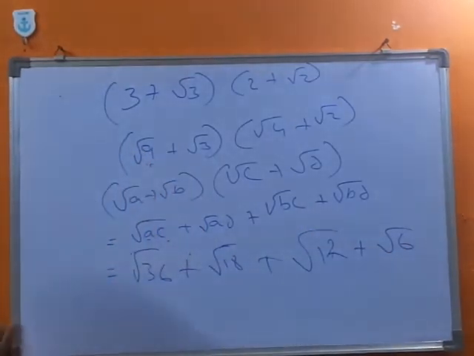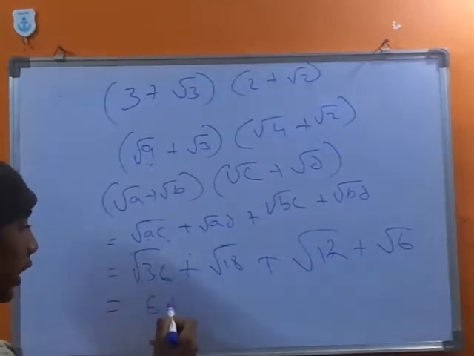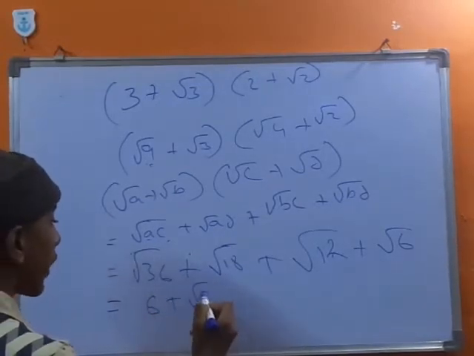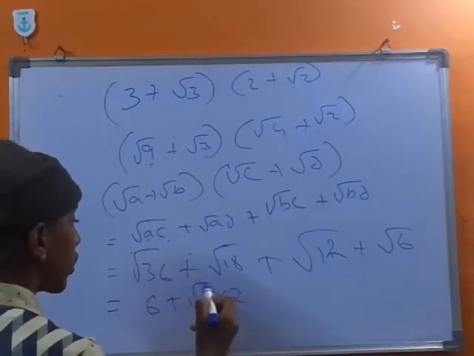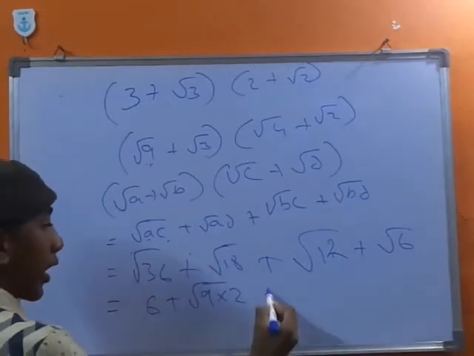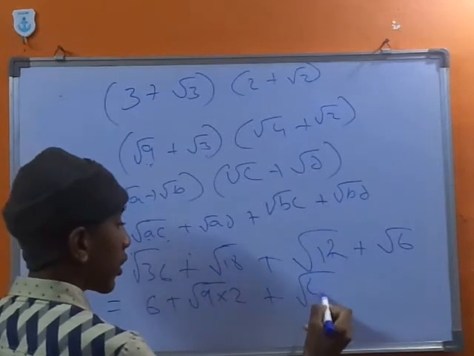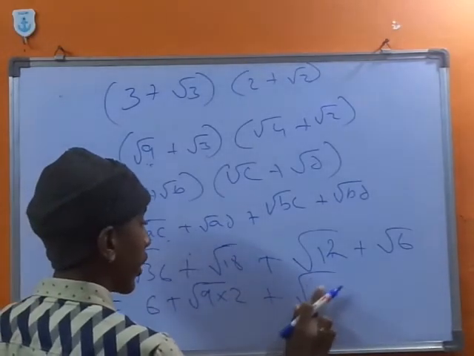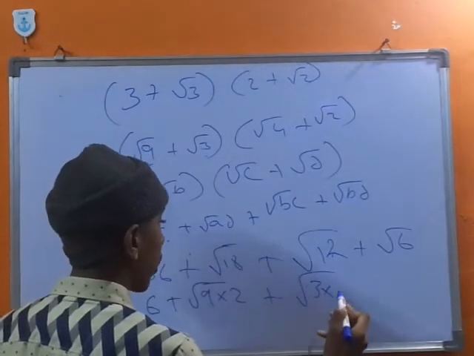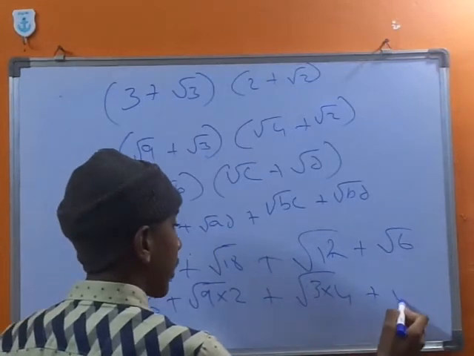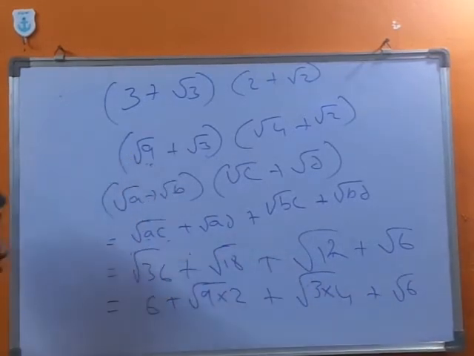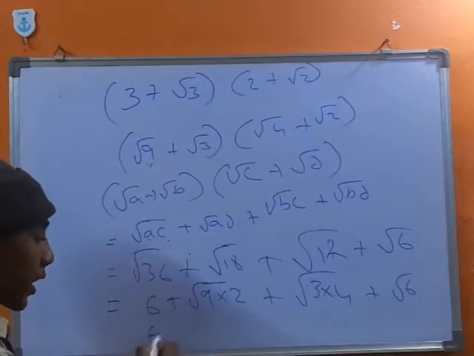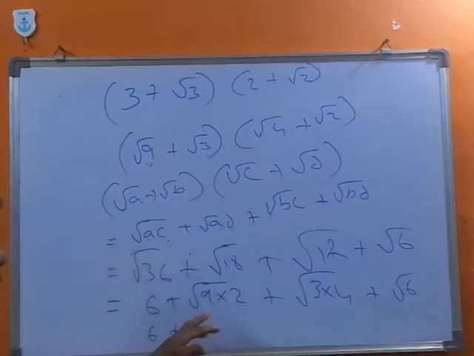So is there any further simplification? Yes. This becomes 6 and this becomes root of 9 into 2, and plus root of 3 into 4, plus this root 6. So 6 plus root 9 into root 2.